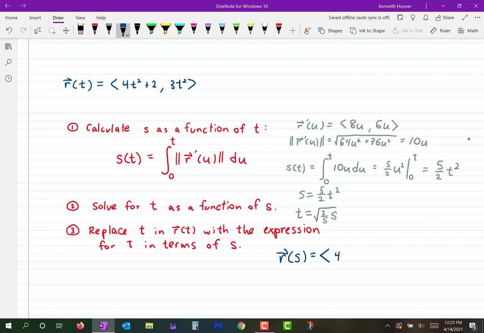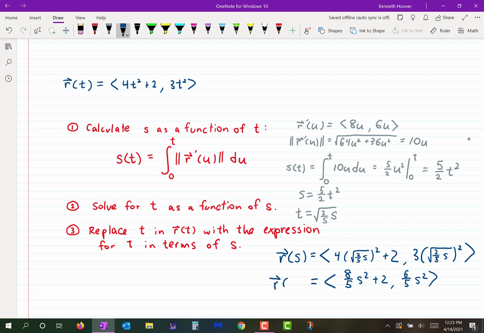So we'll have 4 times the square root of 2/5 s, squared, plus 2, comma, 3 times the square root of 2/5 s, squared. What is that? That's 8/5 s squared plus 2, comma, 6/5 s squared. Okay, now that's r of s.